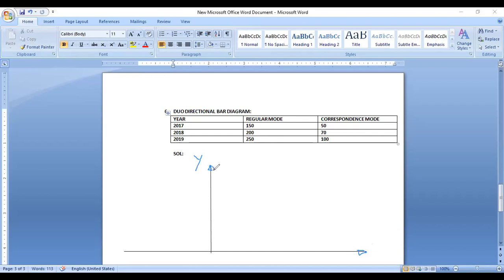This is y-axis, but this is x-axis. For x, we have to take two directions. That is why it is duodirectional. Okay.